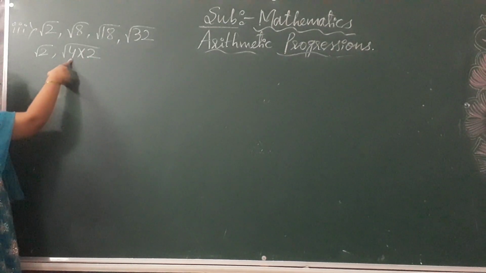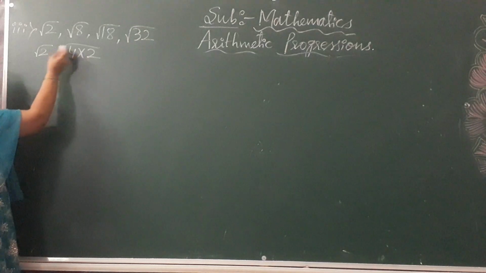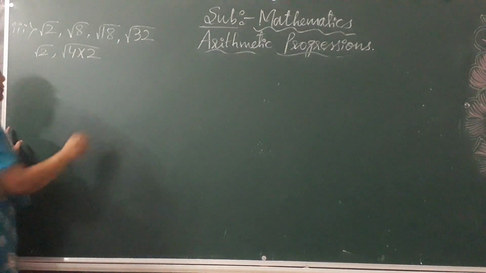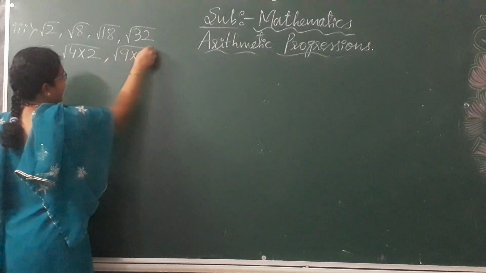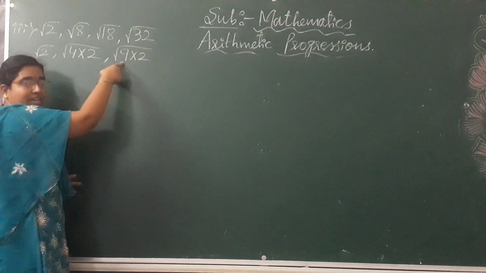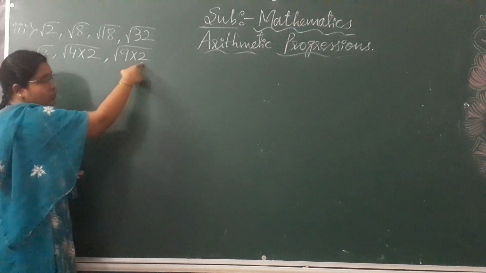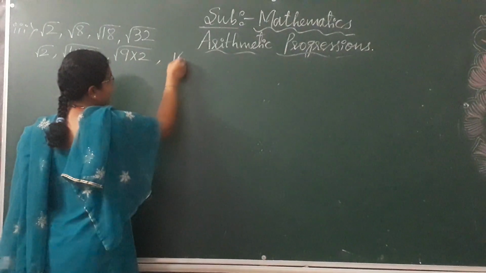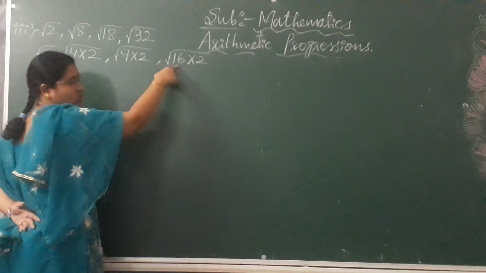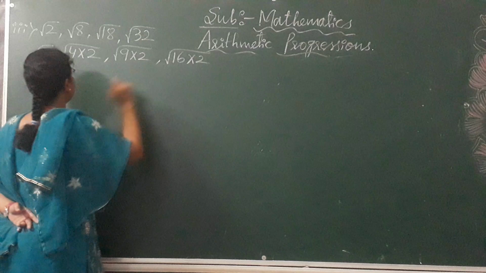I used a square number so that we can easily take it out of the root. And 18 we can write as 9 2s are 18. Here also 9 is a square number and 2 is a non-square number. And root 32 also we can write as 16 2s are 32. Here also 16 is a square number.